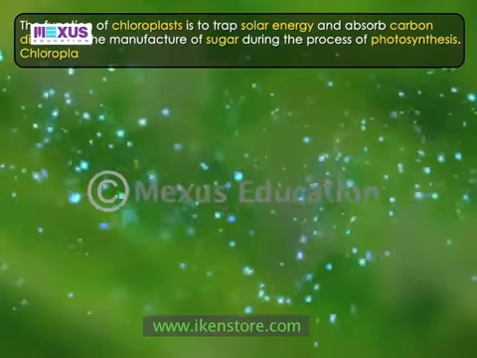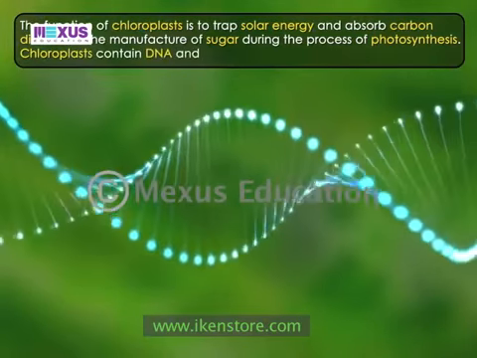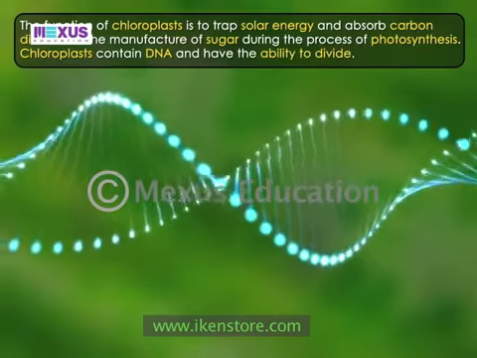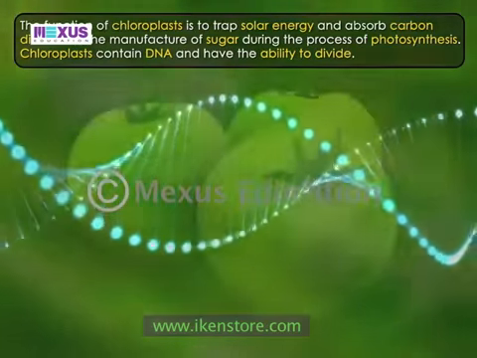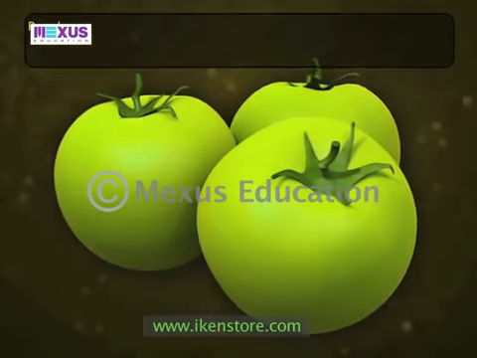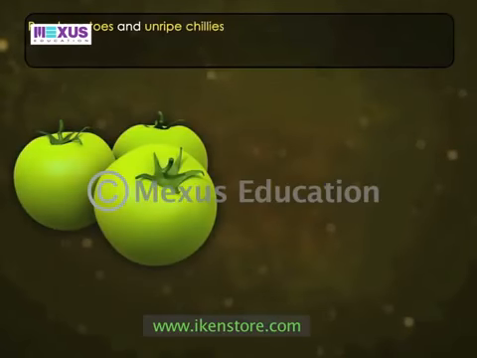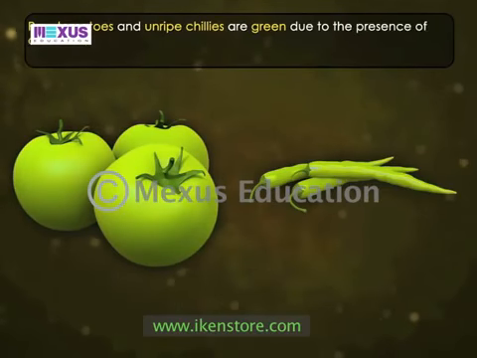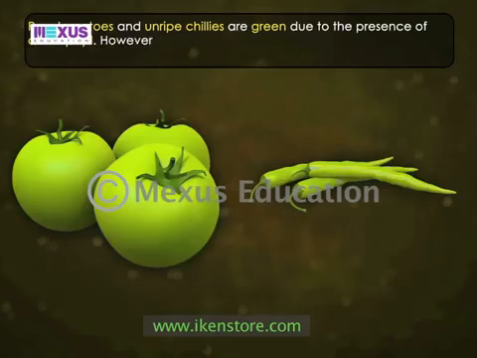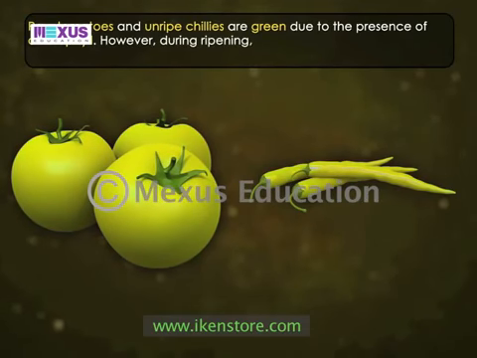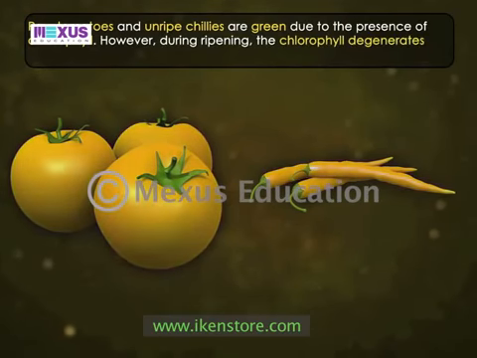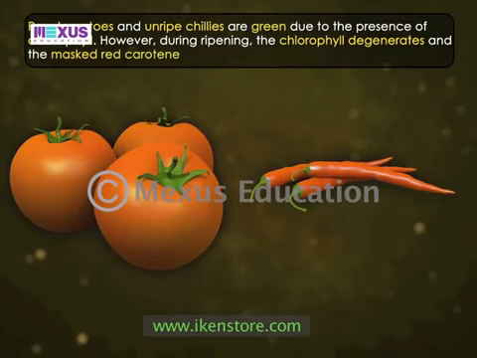Chloroplasts contain DNA and have the ability to divide. Raw tomatoes and unripe chilies are green due to the presence of chlorophyll. However, during ripening, the chlorophyll degenerates and the masked red carotene takes over.